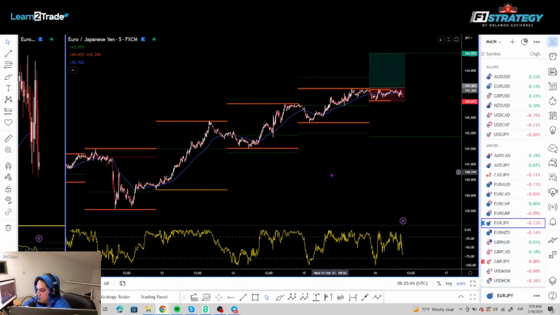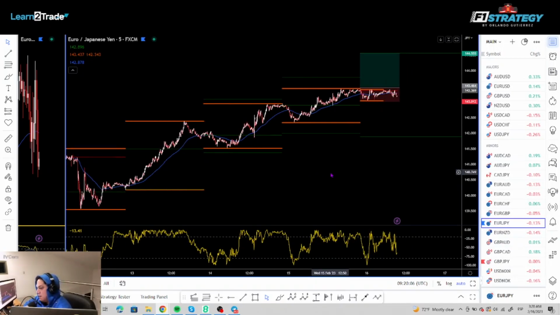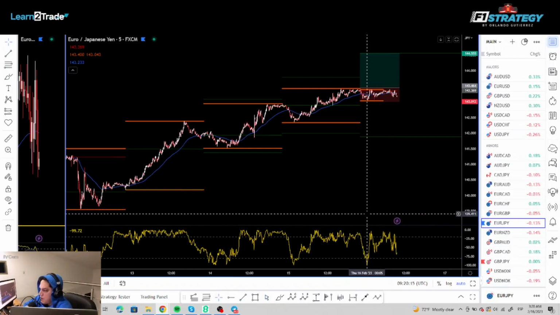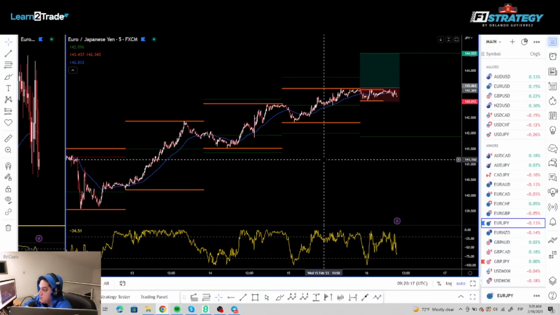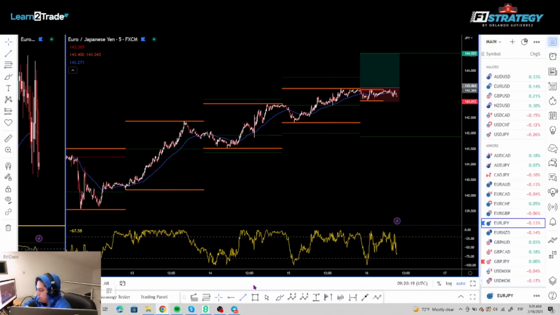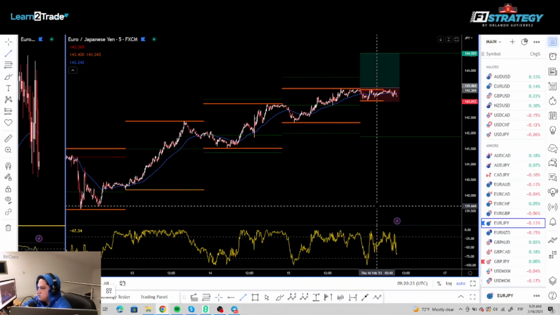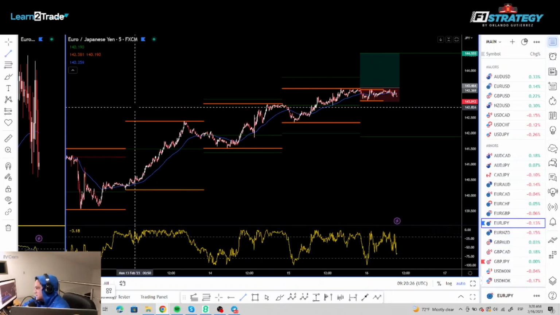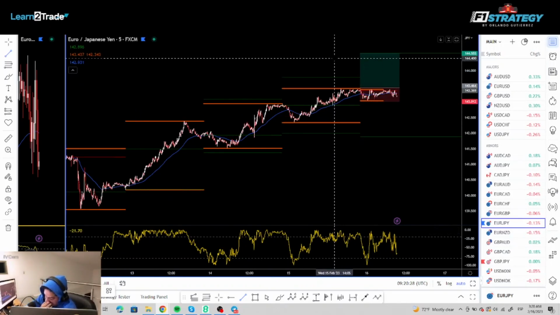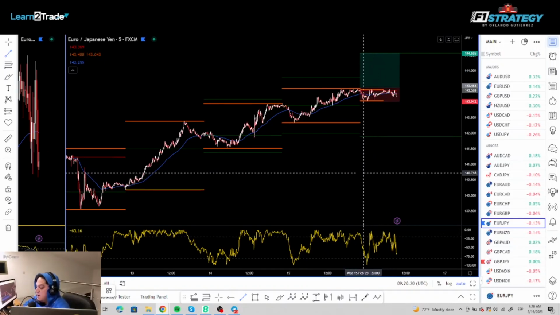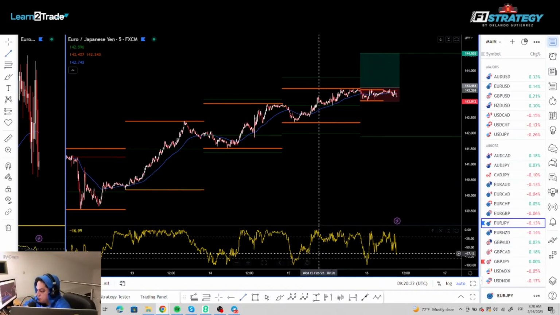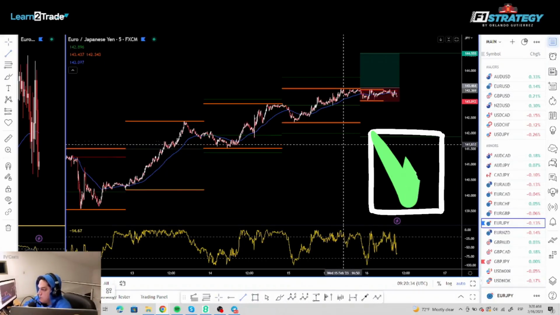Now, a couple of things that I don't like about this setup just yet. Let's see if we have divergence. Yes, I'm sorry, we do have divergence. So we look for divergence in this market. I'm not going to go through what this oscillator is, what these lines are, because that defeats the purpose. Basically, we look for divergence.